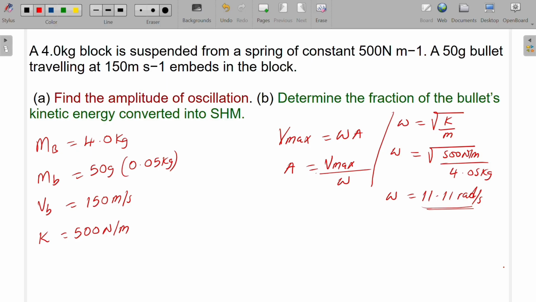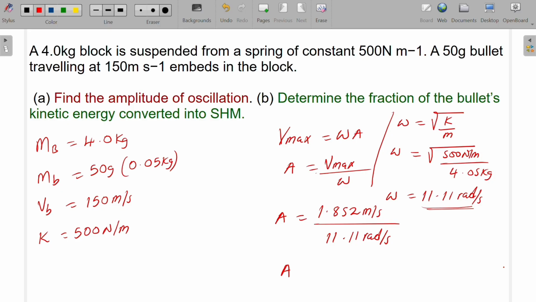Now that we have our angular frequency, we can find our amplitude by just saying our amplitude will be equal to the Vmax that we got, which is 1.852 meters per second, and this will be divided by our angular frequency, which is 11.11 radians per second. All right.